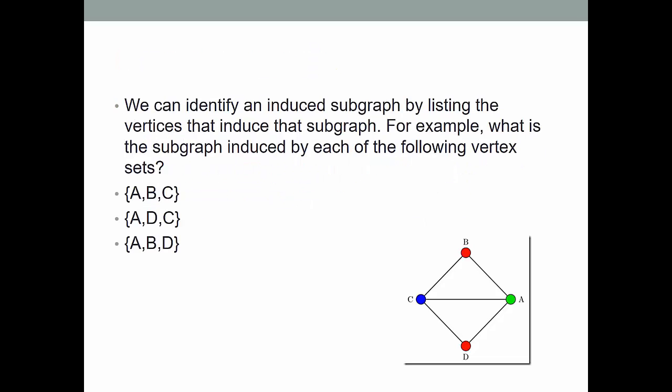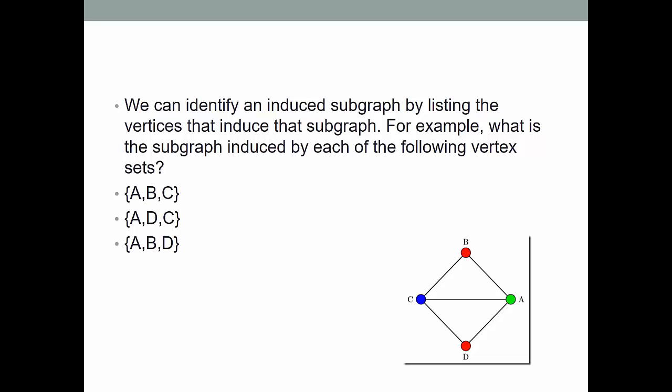If we take another example and we select the subset A, B, and C, then we have the three vertices A, B, and C. And since all A, B, and C are adjacent, the induced subgraph is the triangle A, B, and C with three edges. Likewise, A, B, and C is again an induced triangle.